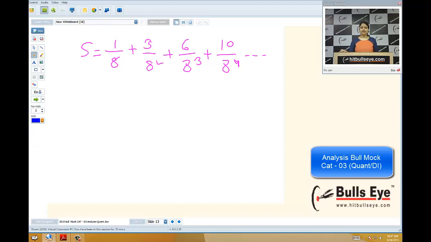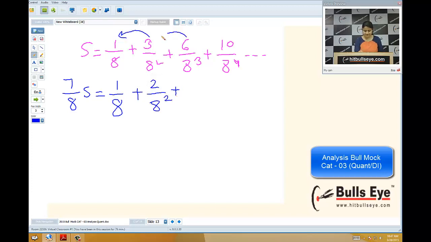We'll subtract 1 by 8 of s from s. I'm writing it directly. You can write the whole thing. 7 by 8 s. Then I'll write the first term as it is. Then 3 minus 1 is 2 by 8 square. Same denominator. 6 minus 3, 3 by 8 cube. 10 minus 6, 4 by 8 raised to power 4, and so on.